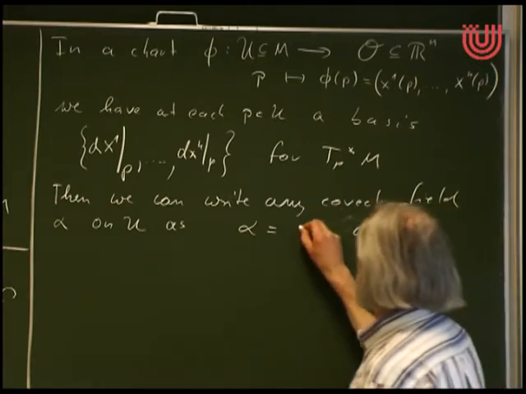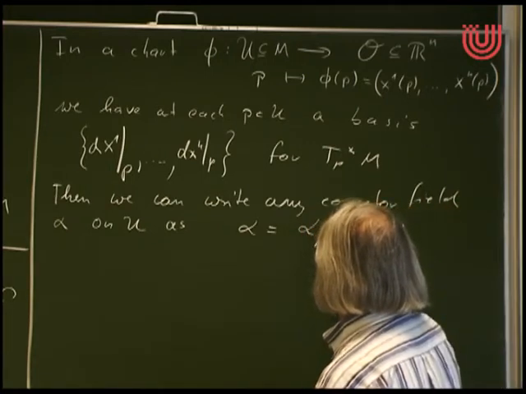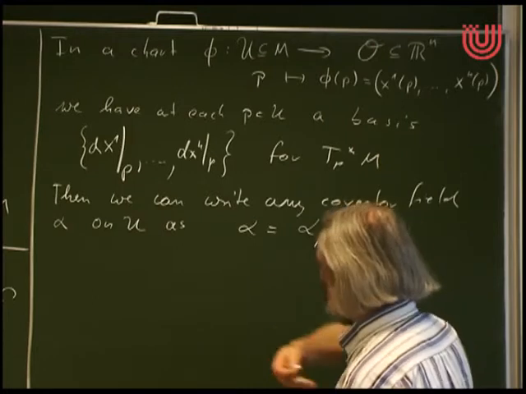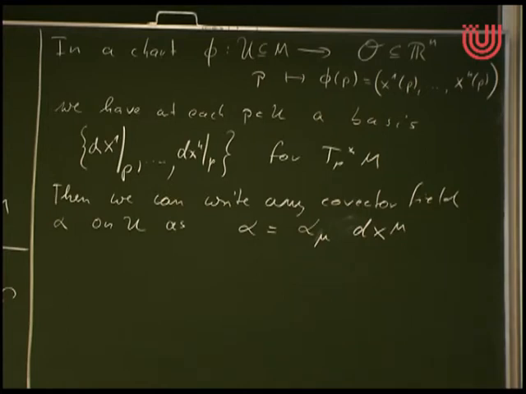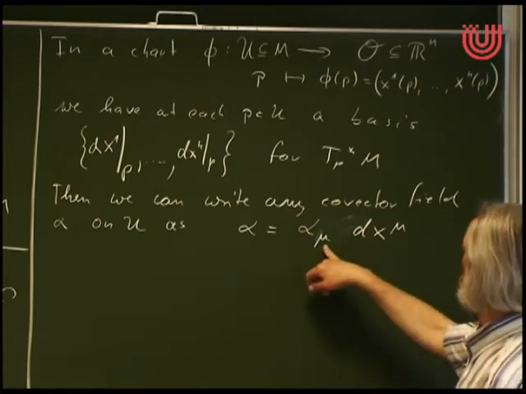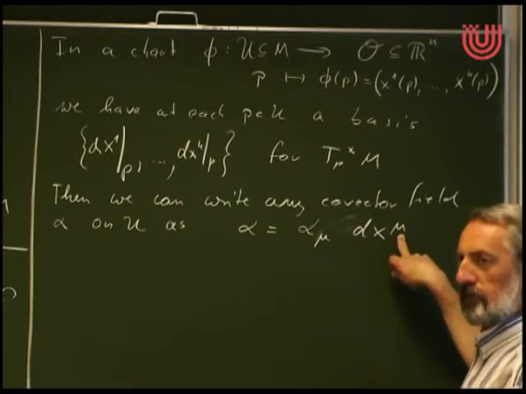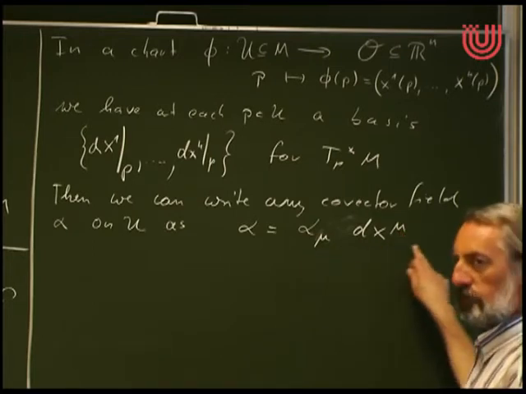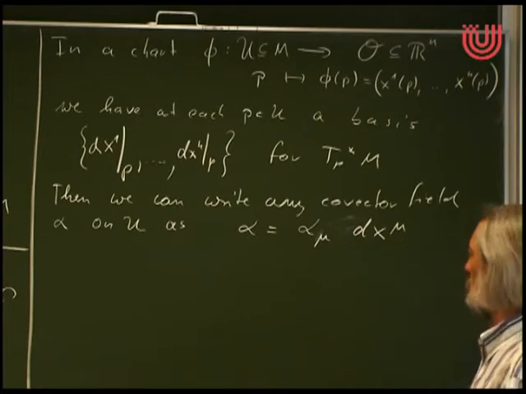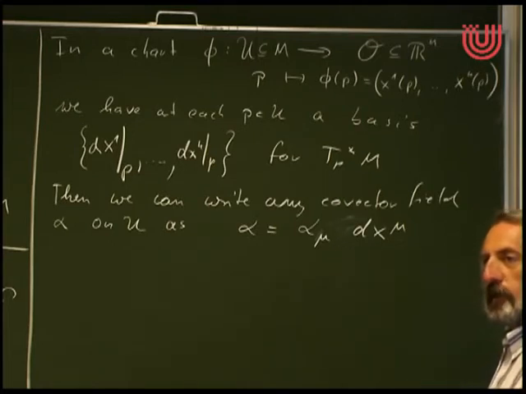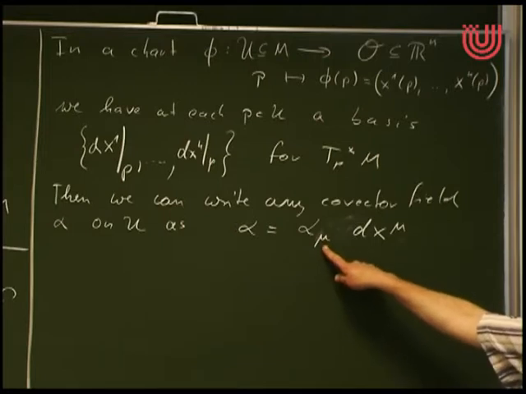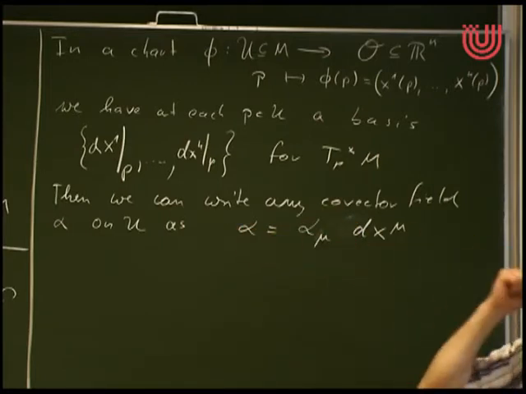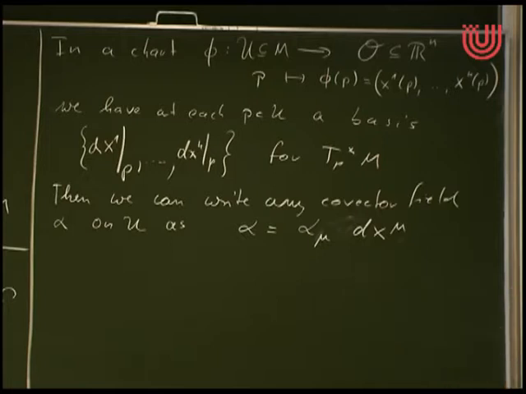The coefficients are real numbers at each point. If the point is floating over U, then this gives a real valued function. These coefficients are denoted alpha mu. Now you see they must have a lower index, because here is an upper index. To be in agreement with the summation convention, the index must be a lower index. And we will now see that this results in a different transformation behavior than for the x's, which have an upper index.